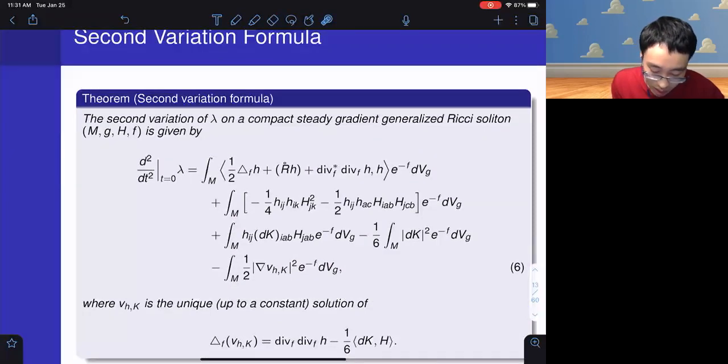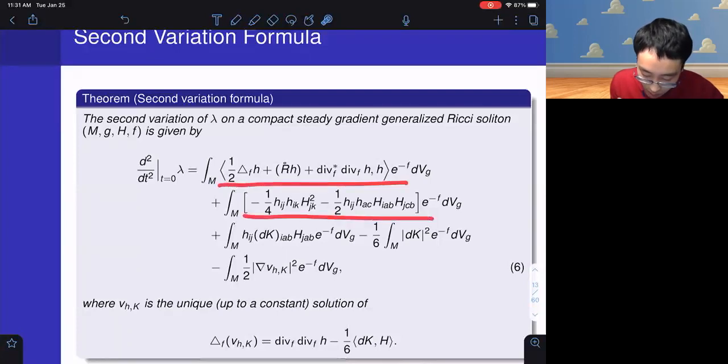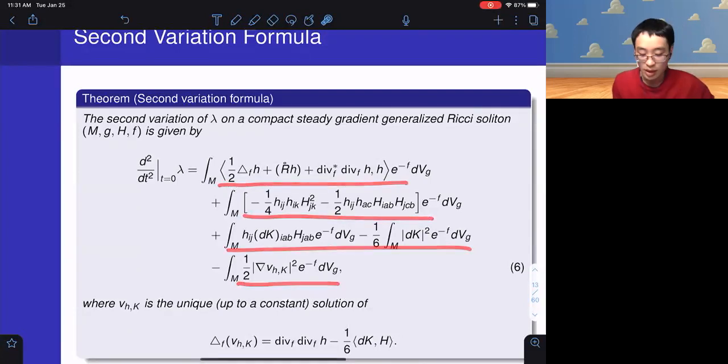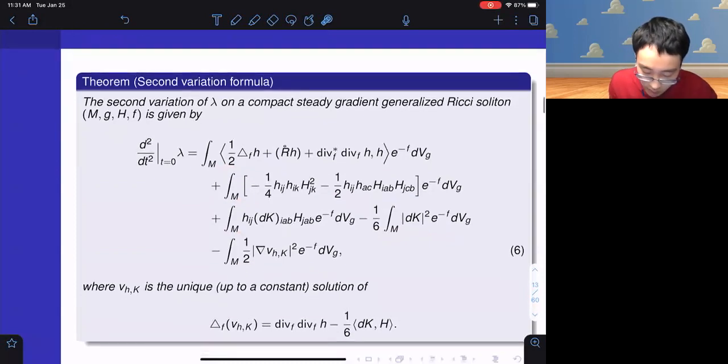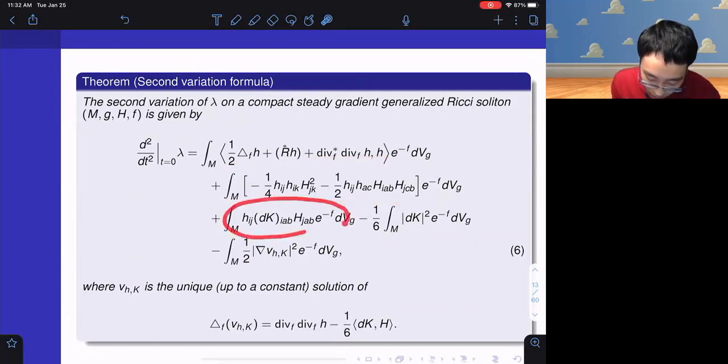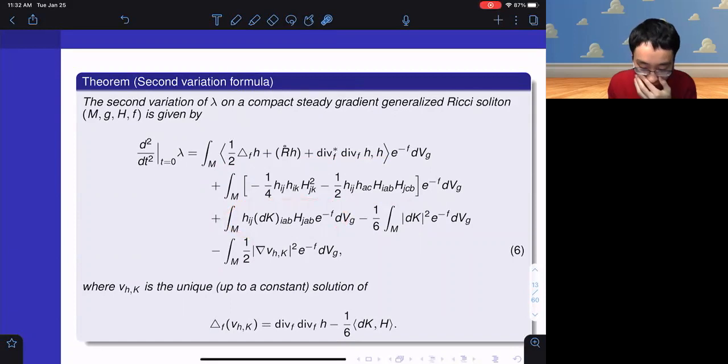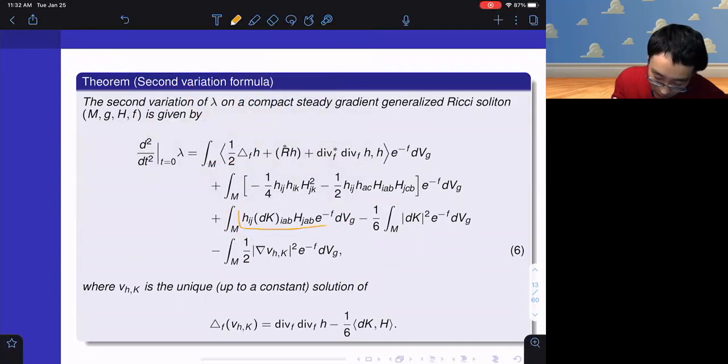The second derivative of lambda is given by these four lines. These two lines are some quantities related to h, and here we have a cross term h_ij dk_iab h_jab, and this term is the hardest part. I will explain this later.